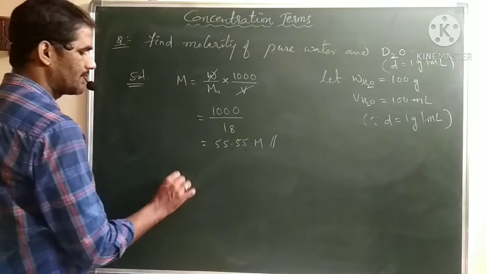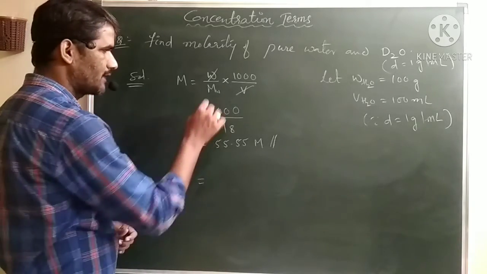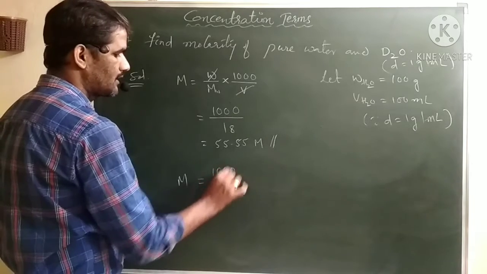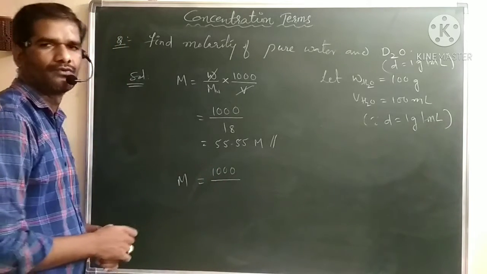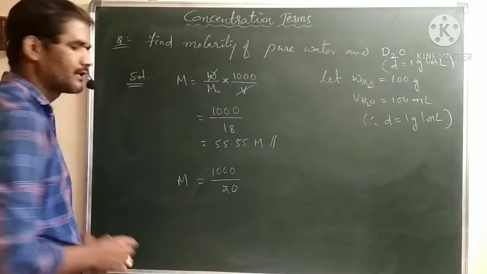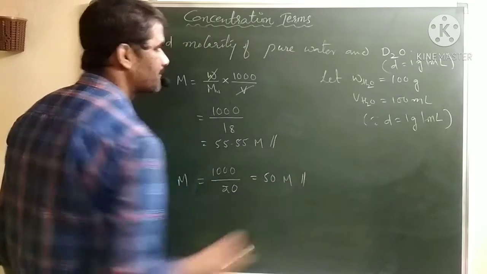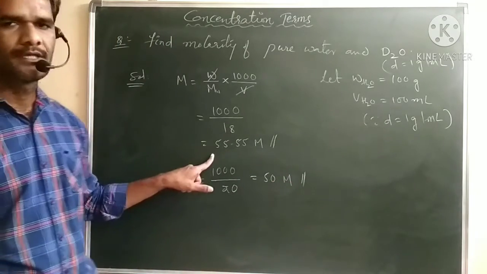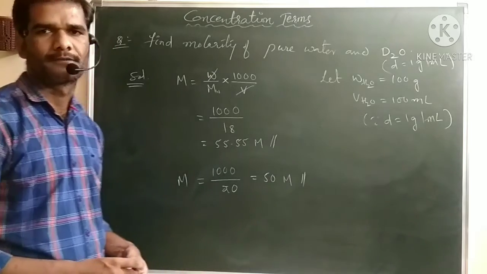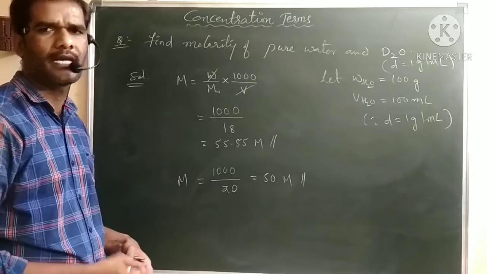Then the molarity of D2O is the same, weight and volume cancel, then 1000 by molecular mass of D2O. Molecular mass of D2O is 20. Now in this case we will get molarity 50 molar. So for water 55.5, for D2O it is 50 molar, if the density of water and D2O is 1 gram per ml.